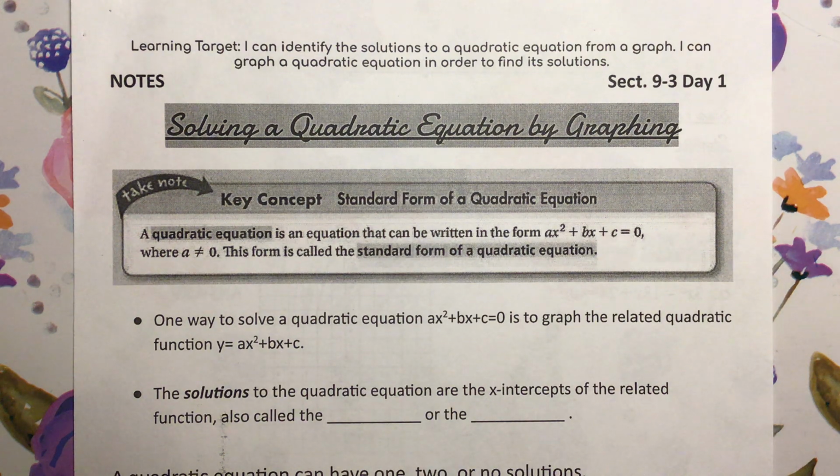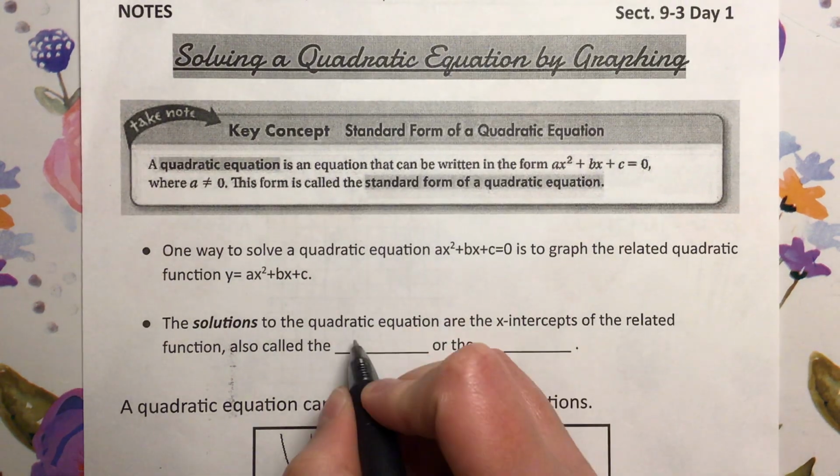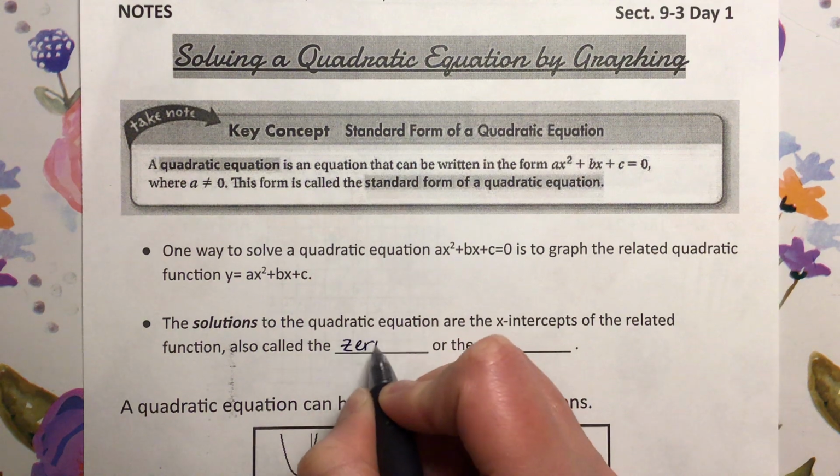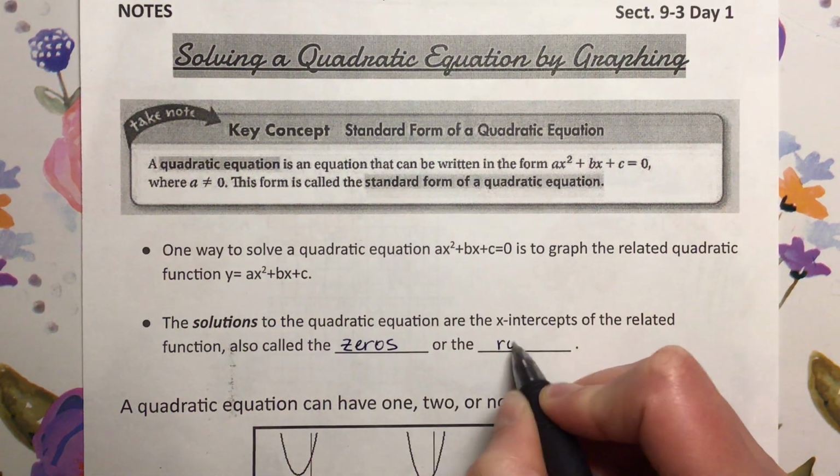So one way to solve a quadratic equation that is set equal to 0 is by relating it to its similar function where it would be y equals all of that stuff. When we find those solutions, they're called lots of different things. They're called solutions. They are also called zeros, or the roots.